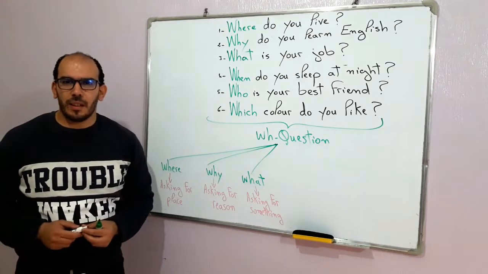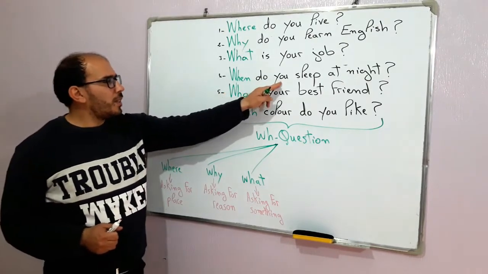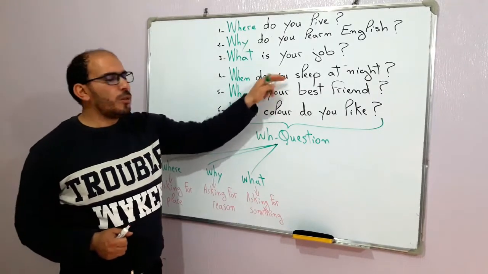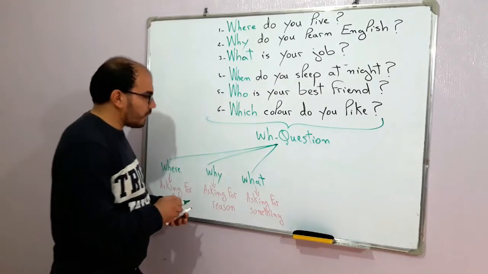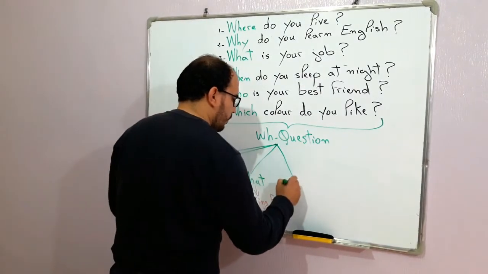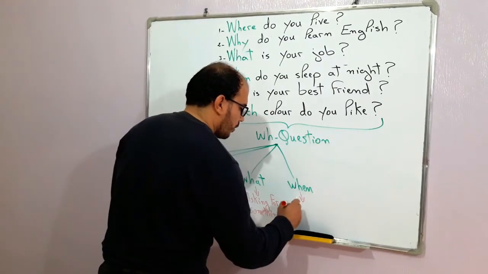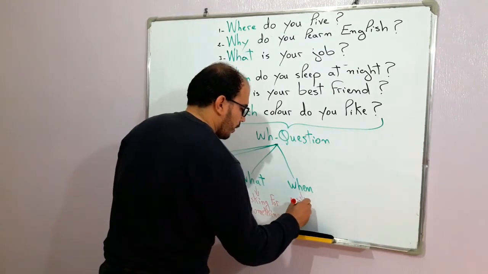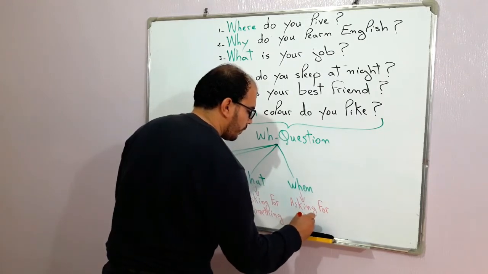When do you sleep at night? So when I say when do you sleep at night, this means I am asking for the time during which you go to bed at night. So in this case, when is used for asking for time.